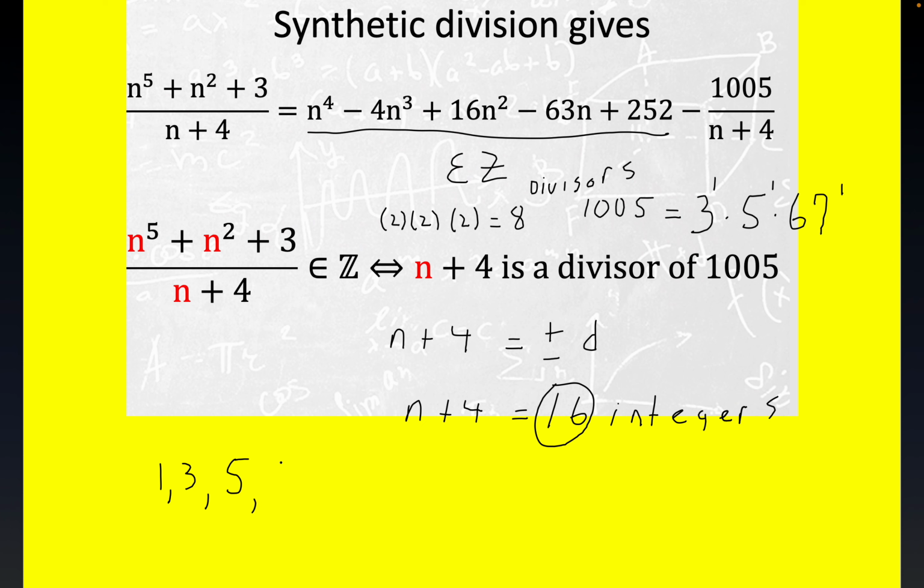We can just write them out if you want to. 15 is 3 times 5. Now what about 3 times 67? That's 201. And 5 times 67 is what? 335.